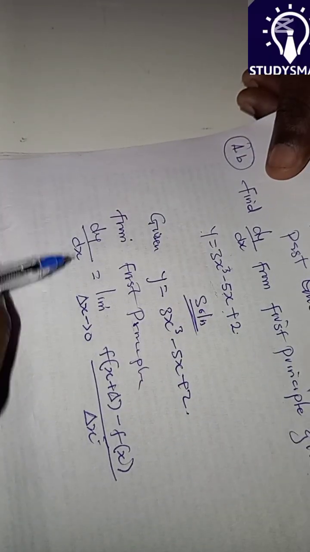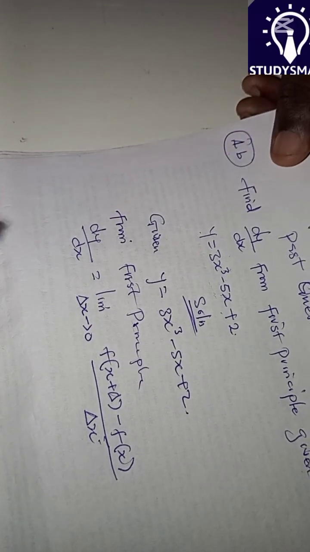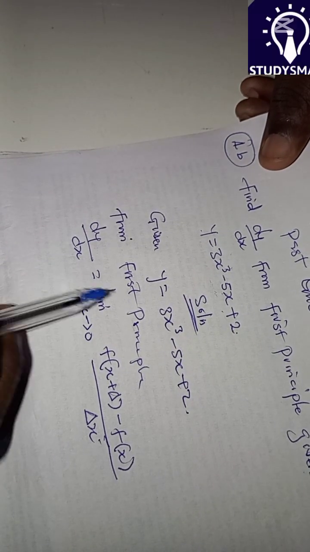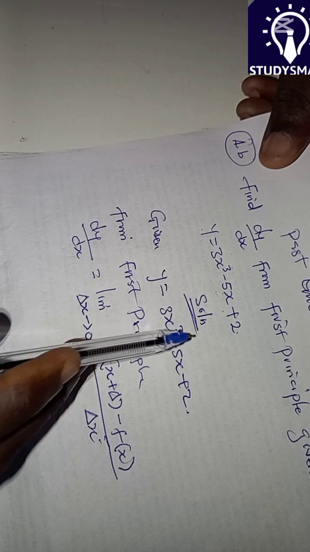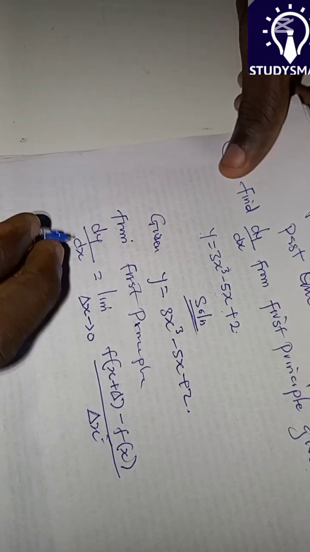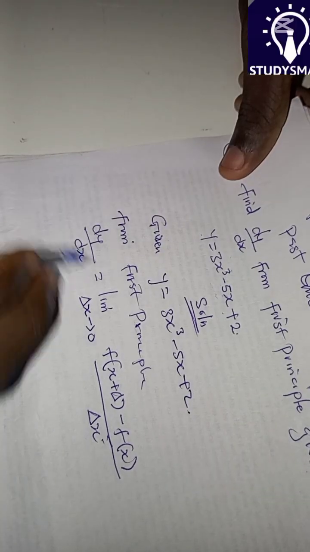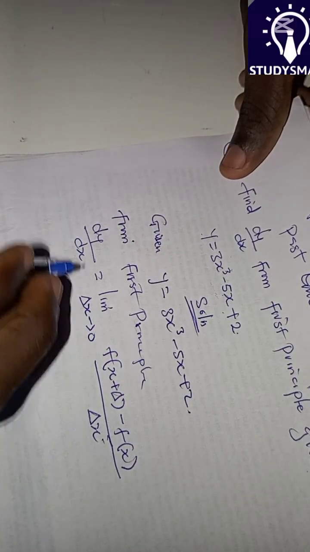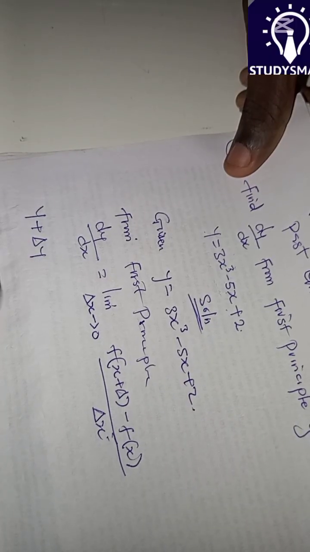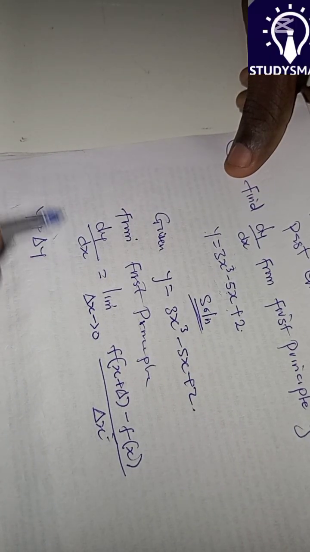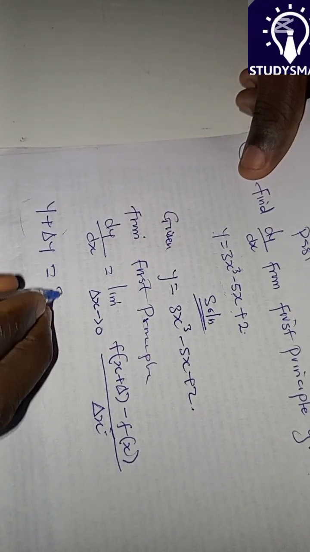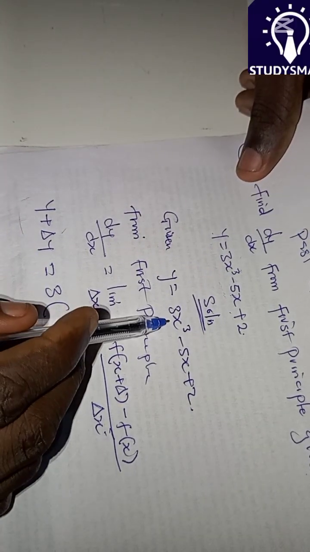Right, so an increase in y will cause a corresponding increase in x. So from the given question, we have y equal to 3x cubed minus 5x plus 2. So like I said, I'm going to increase y and also increase x. So I have y plus delta y, right? So this is a change. A change in y here will also cause a change in x. So I'm going to be having here 3 into, so my x will also change.